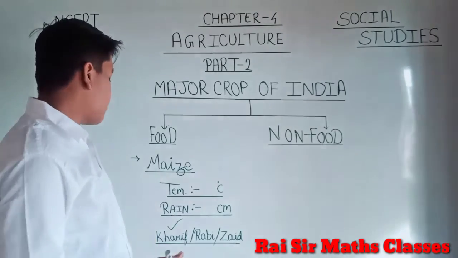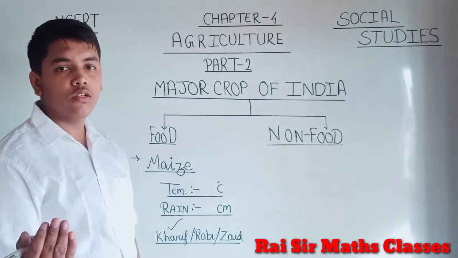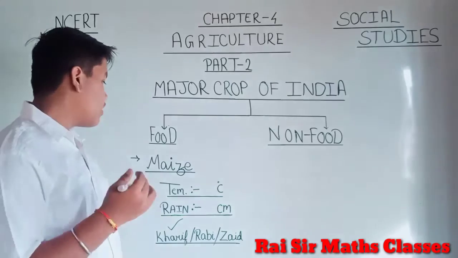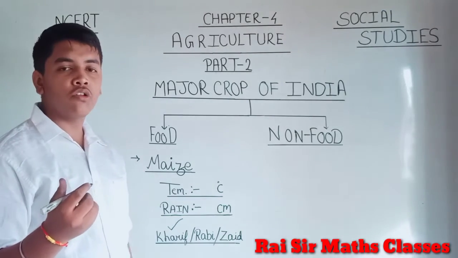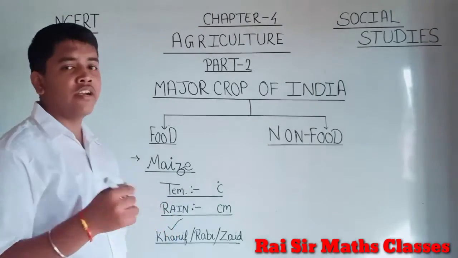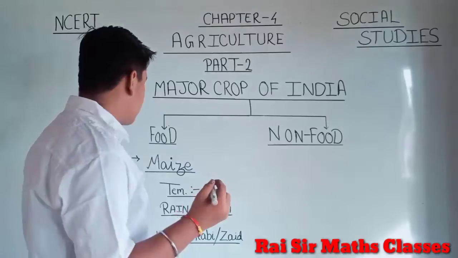So from this we can understand that if it requires more water, then it requires a large amount of rainfall and less temperature. This is a trick for learning. I have told you this short trick.